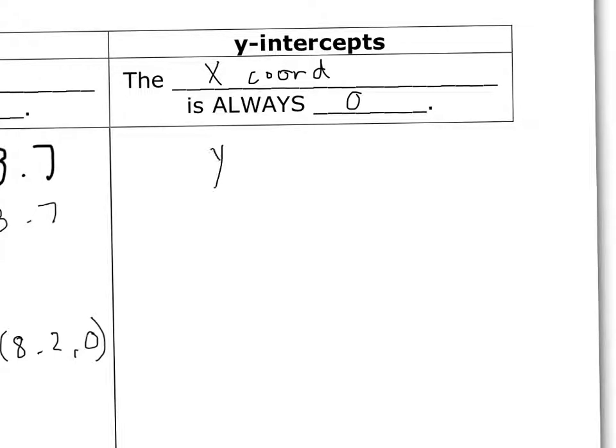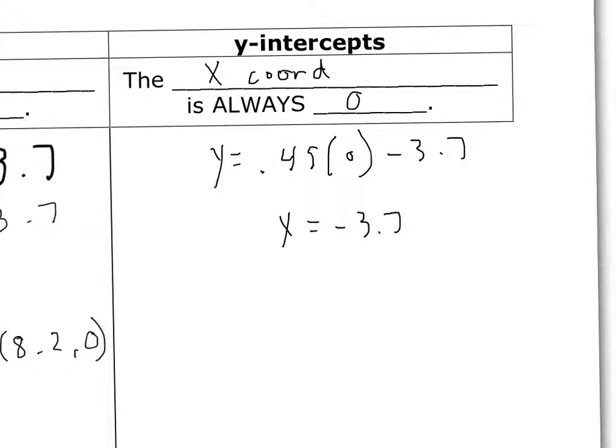So we have y equals 0.45 times 0 minus 3.7. Okay, well 0.45 times 0 gives you 0, so you have your y value of negative 3.7.